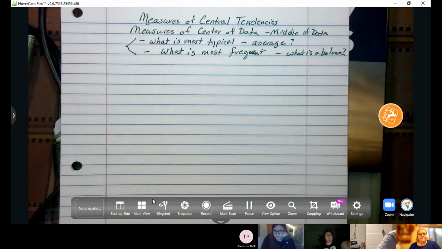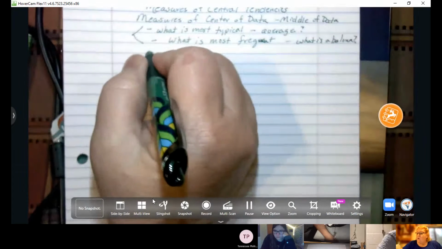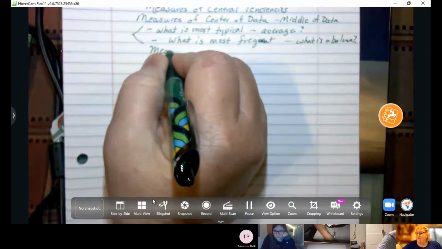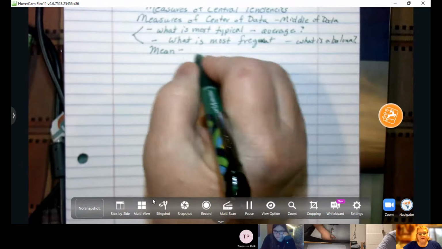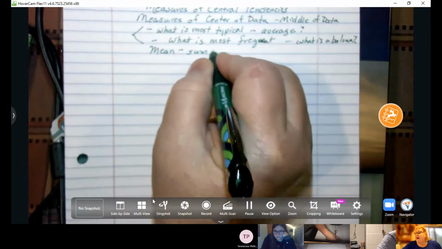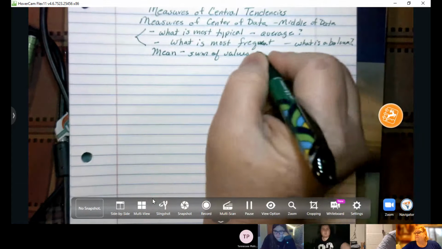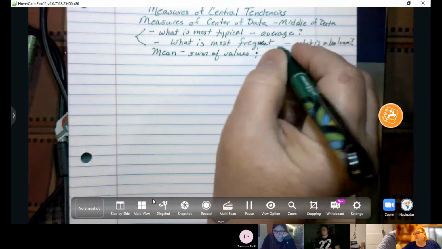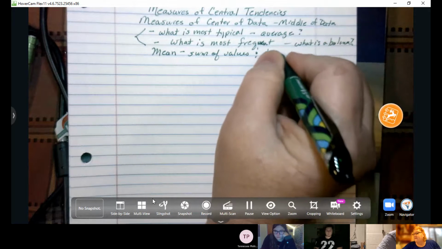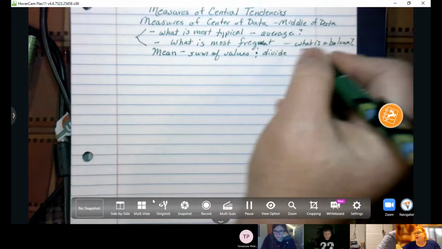So what are the measurements that we use for central tendency? Of course, the mean is one that you've heard of before. This means that you're going to sum up the values and divide by the number of items.